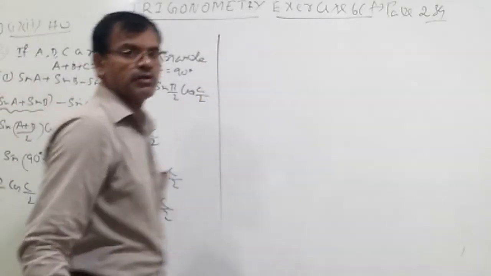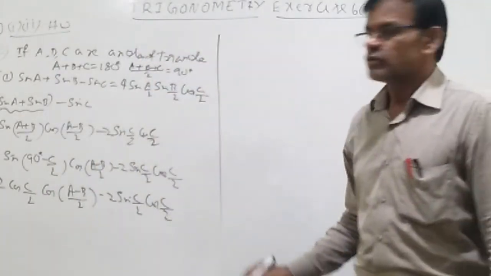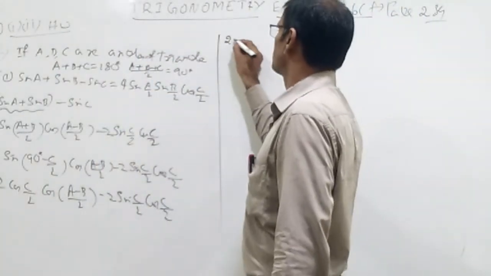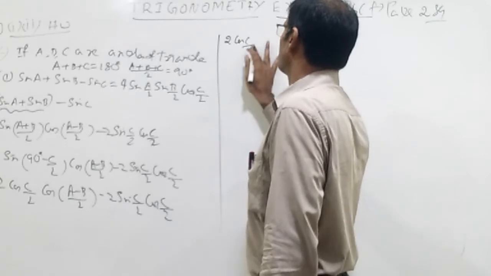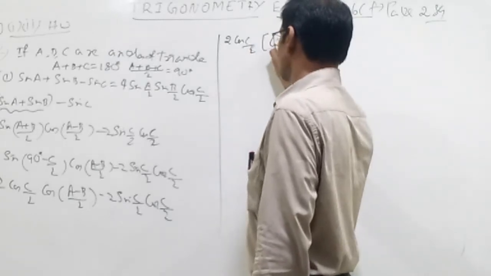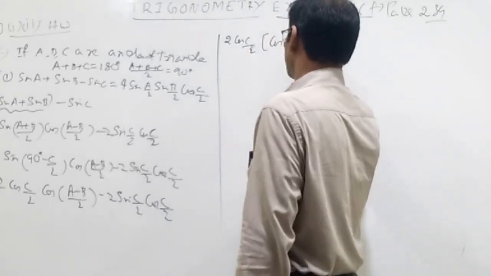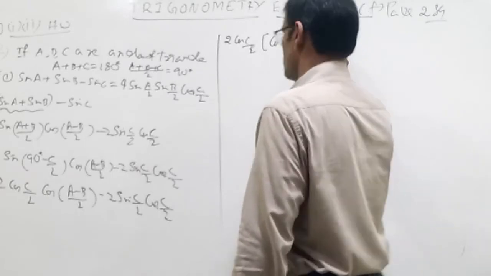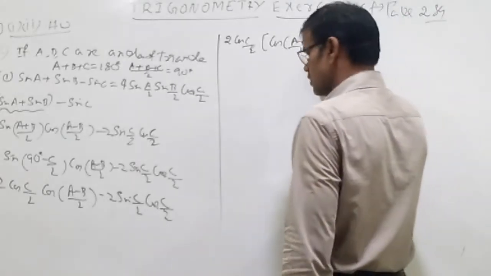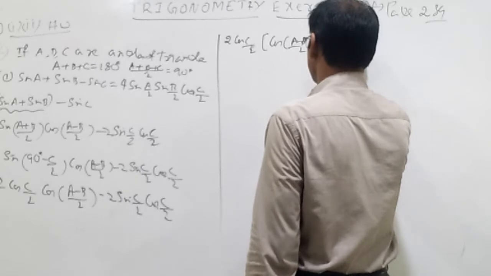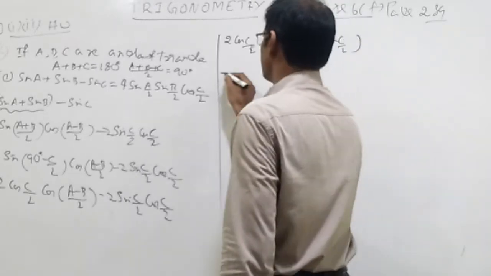Now you can take 2 cos C by 2 common. Within the brackets you can write cos of (A minus B) by 2 minus sin C by 2.